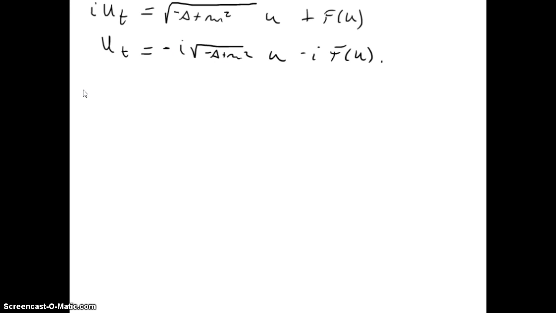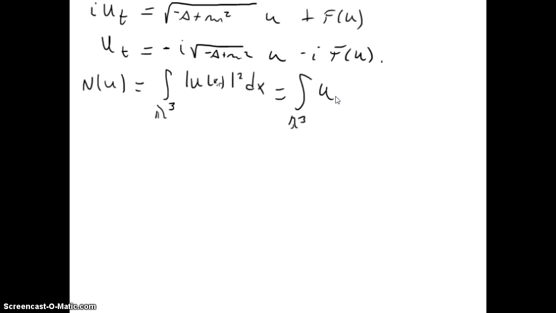So we've got N(u) as the integral in R^3 of |u(x,t)| squared dx, which is u times u conjugate, and we can say this is equal to the scalar product of u with u in the Hilbert space L2.